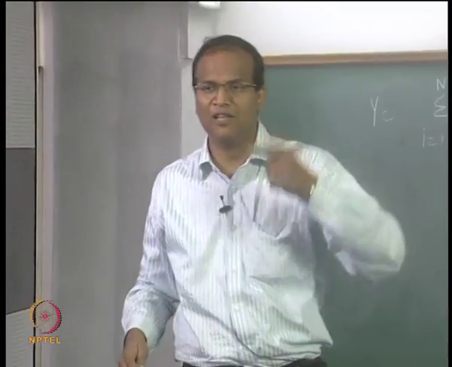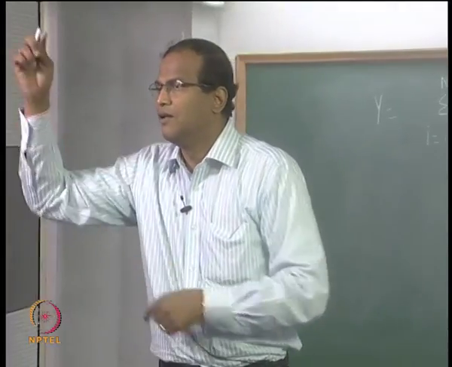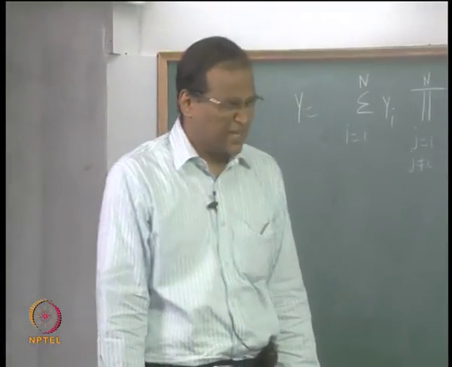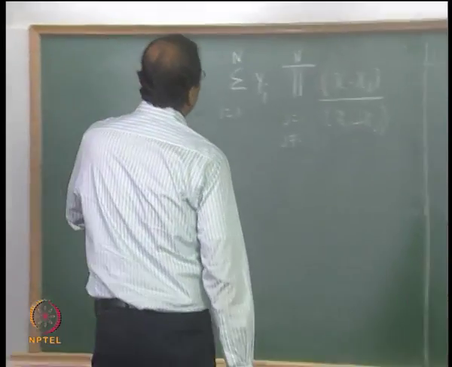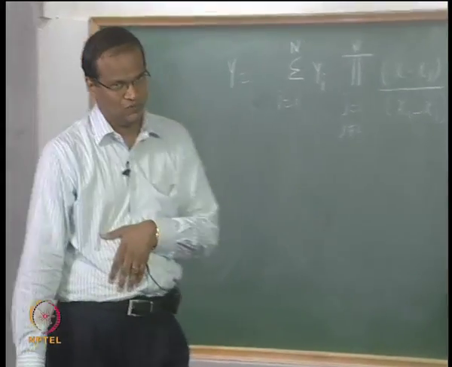For people who are unfamiliar, that pi is the mathematical symbol for multiplication. So this can be written in a succinct or a compact form like this.